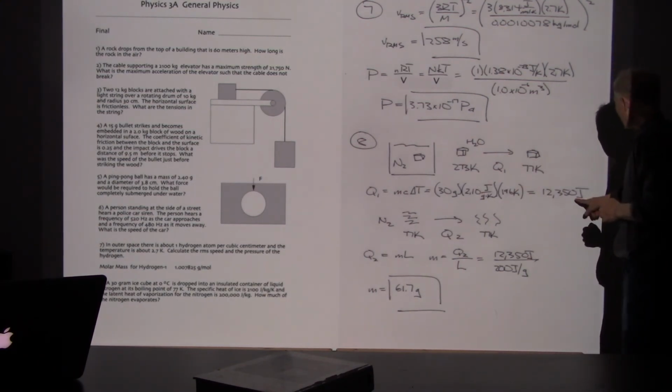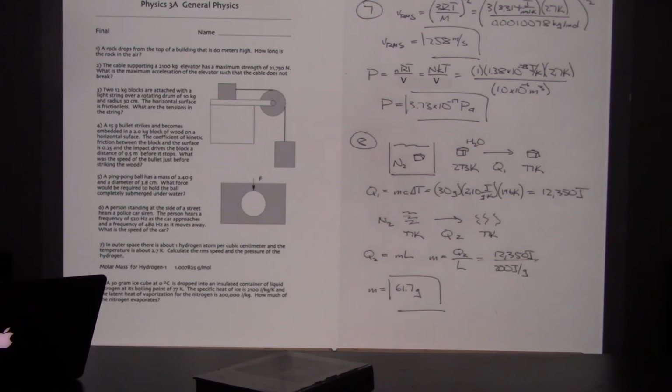If it does, that predicts that the block of ice, which we think of as being cold, but in this problem is really hot, is going to release 12,350 joules of heat as it reaches thermal equilibrium with the surrounding liquid nitrogen.